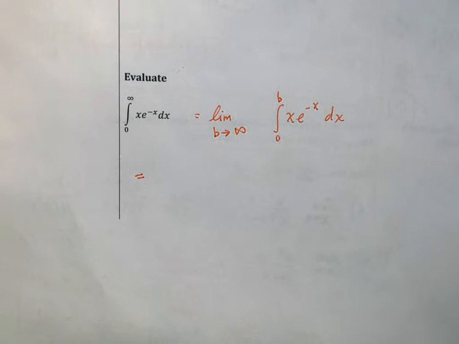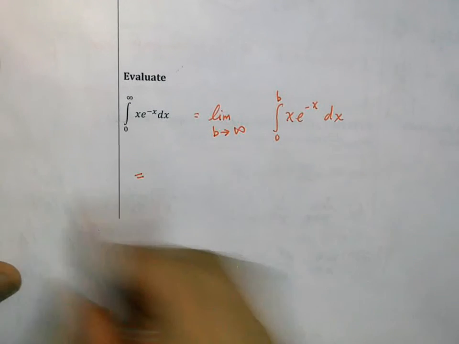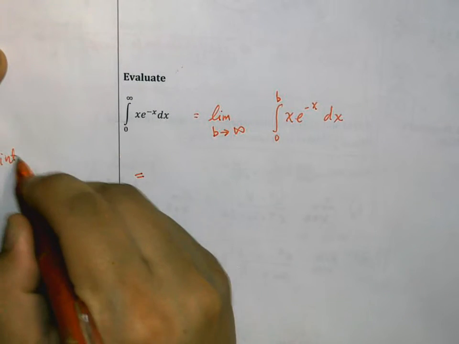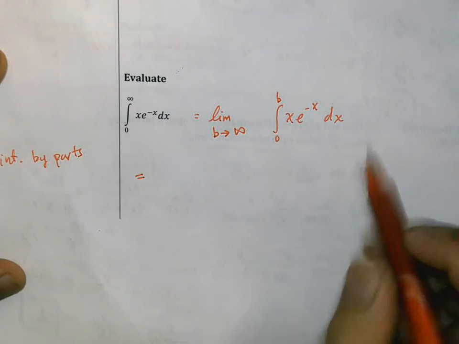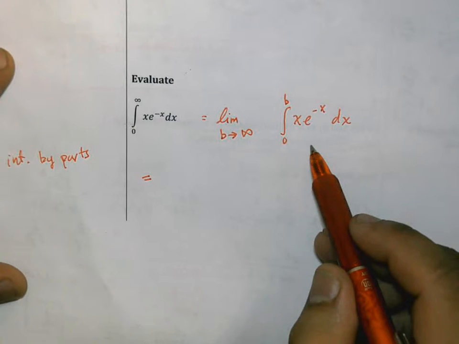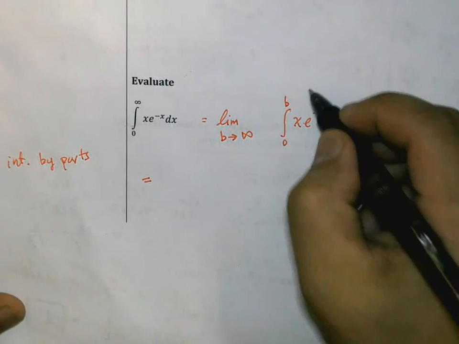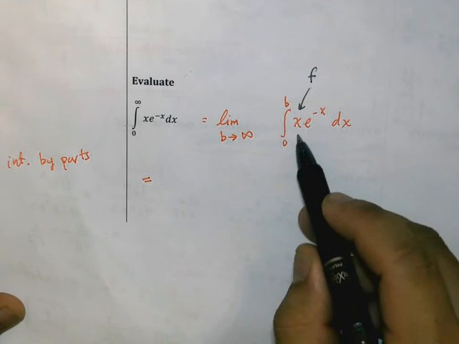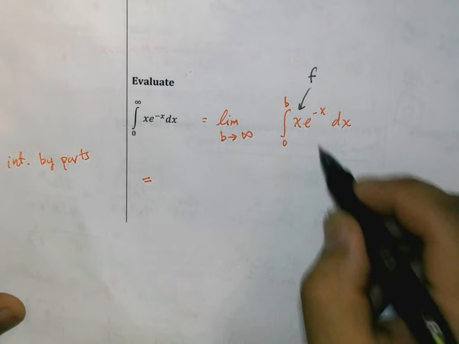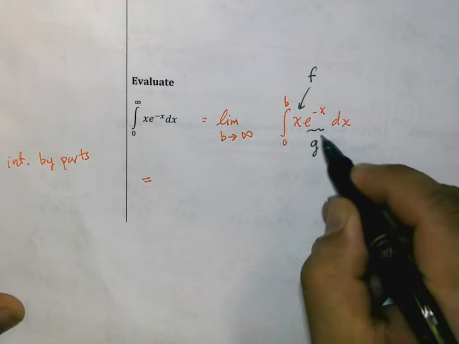So now we are going to evaluate this antiderivative, and we're going to do this using integration by parts, because this antiderivative cannot be done in other methods. I'm going to use x here as my f function, and e to the negative x here as g prime.